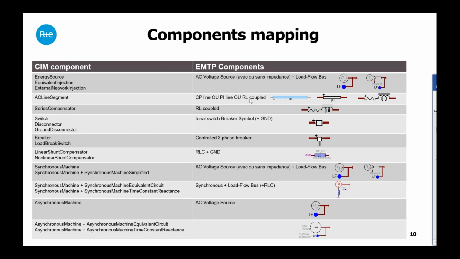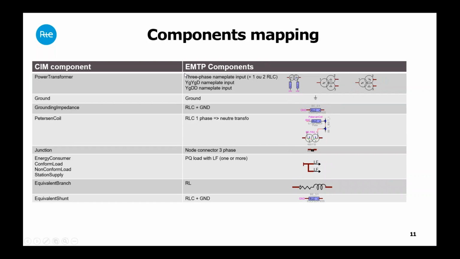It will depend on the properties of the AC line segment, the length, the presence of capacitors or not, etc. Okay. Other components, like power transformers, have the same problem. We can have different EMTP components for one CIM power transformer.